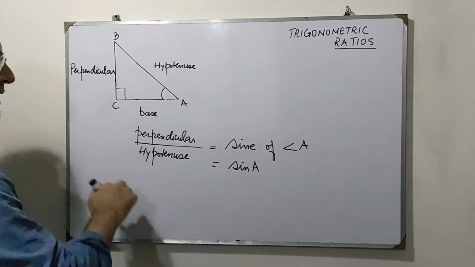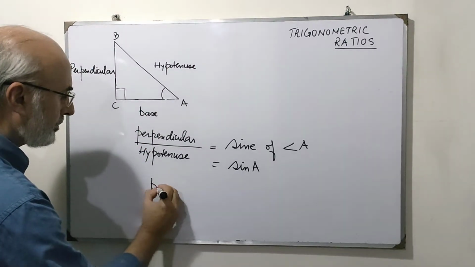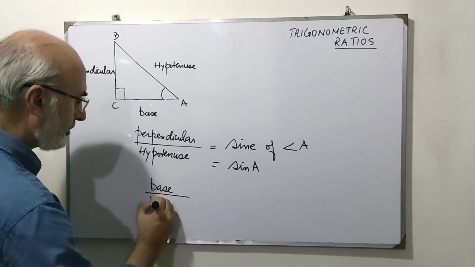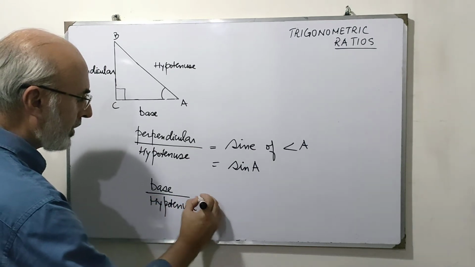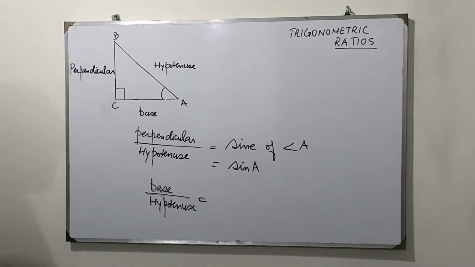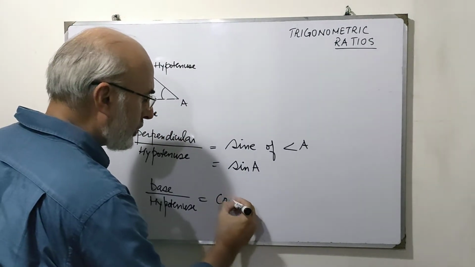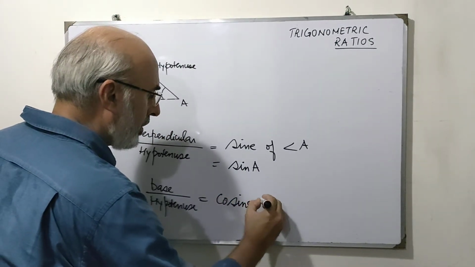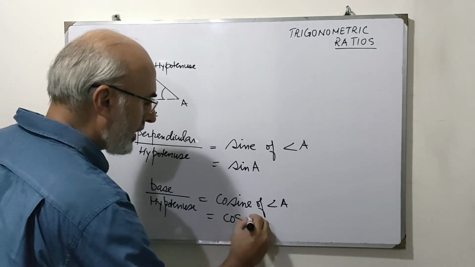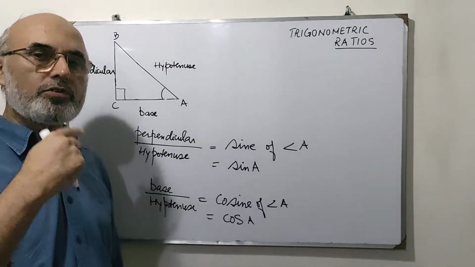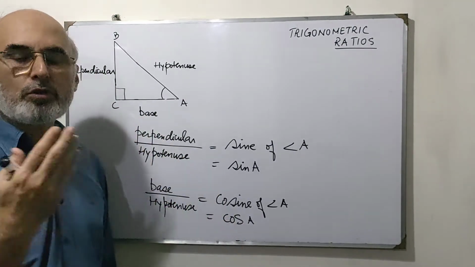Now if we change the side, if we take base over hypotenuse, this ratio with reference to this angle, again this angle A, is known as cosine of angle A, and is usually written as cos A. If we are considering base and the hypotenuse, that is going to be known as cosine.